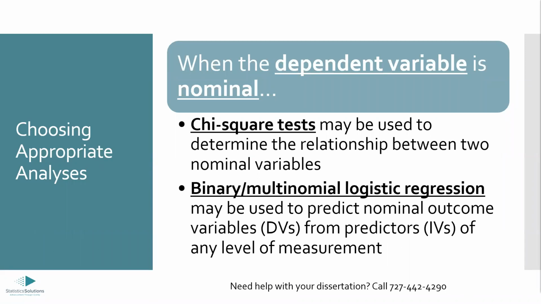And again, you can use predictors or independent variables that are any level of measurement. And really the difference between the binary and the multinomial logistic regression is that the binary logistic regression is used if your outcome variable is specifically only two categories. And the multinomial logistic regression is used if you have a nominal variable that has more than two categories.